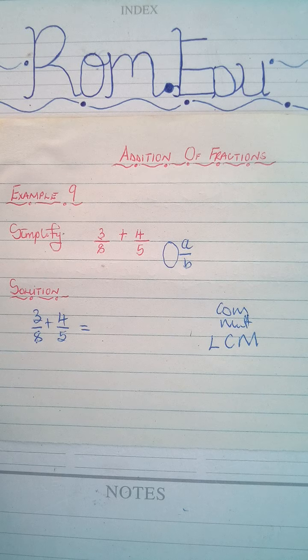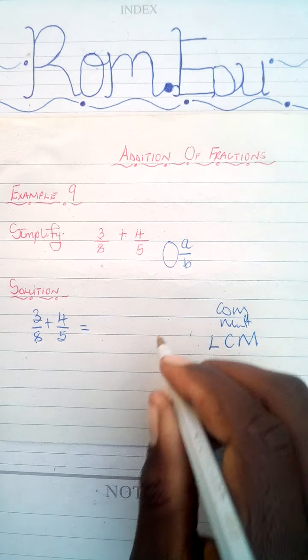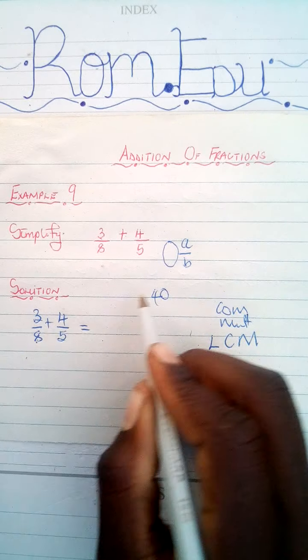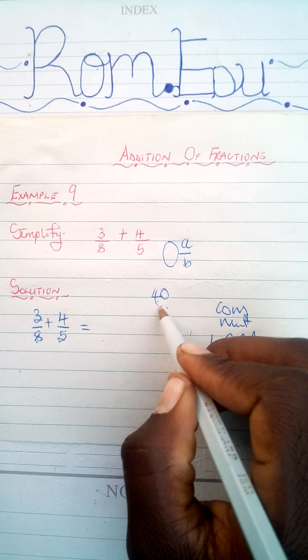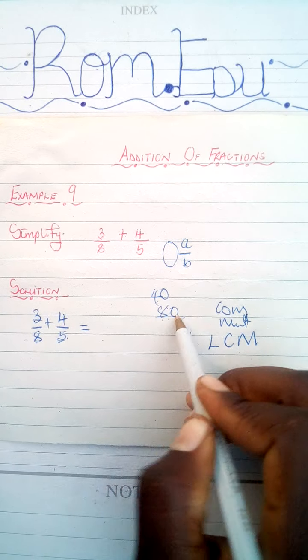You can use any other common multiple, but the reason why we want you to use the LCM is to simplify and to avoid further mistakes. For example, here I have 40: 8 goes into 40, 5 goes into 40, and I also have 80: 8 goes into 80, 5 goes into 80.